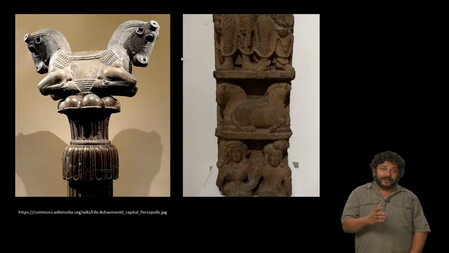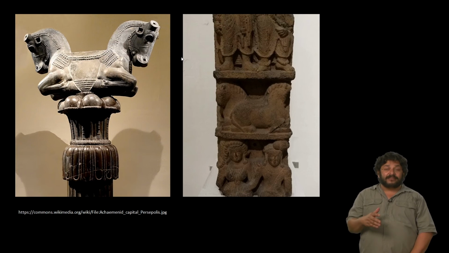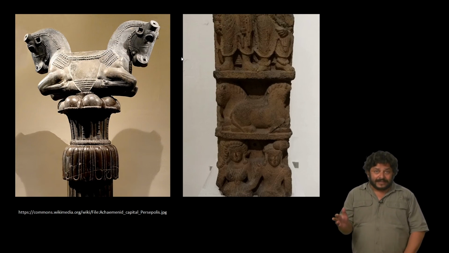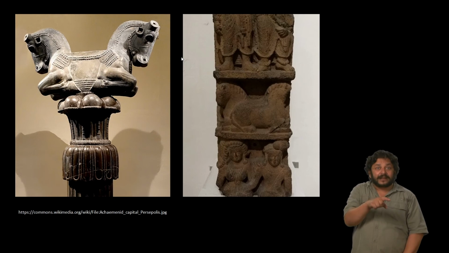Again, on the left you have a column capital from Persepolis. On the right hand side you have a pillar from the National Museum in Delhi. Notice exactly the same shapes that are being borrowed by Indian artisans.